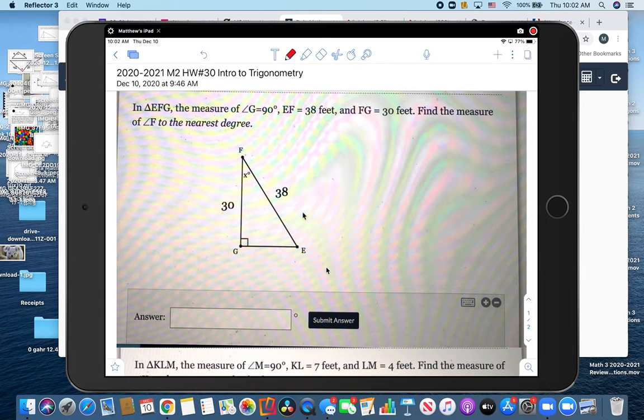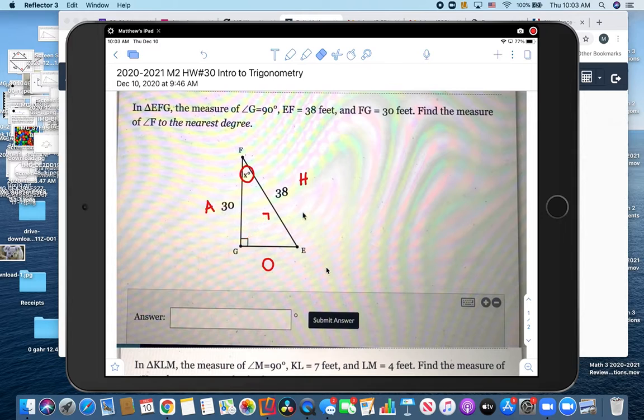Okay, so we have this triangle, and we are trying to find the measure of this angle right here. Now remember, you have to picture yourself in the perspective of that angle. So in the perspective of this angle, this side would be opposite, this side would be adjacent, and the one across from the 90 degrees is the hypotenuse.